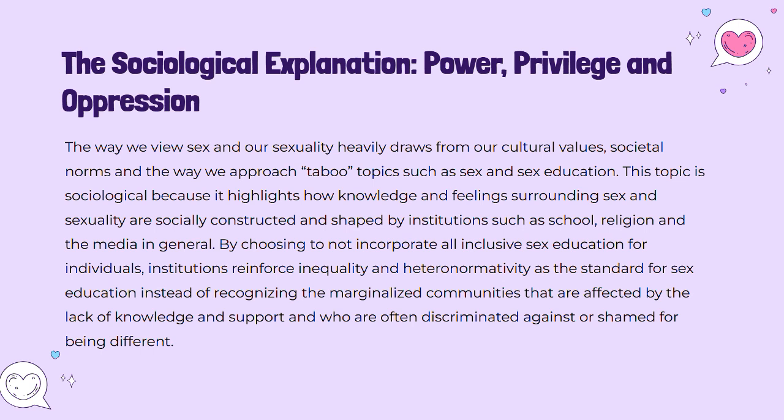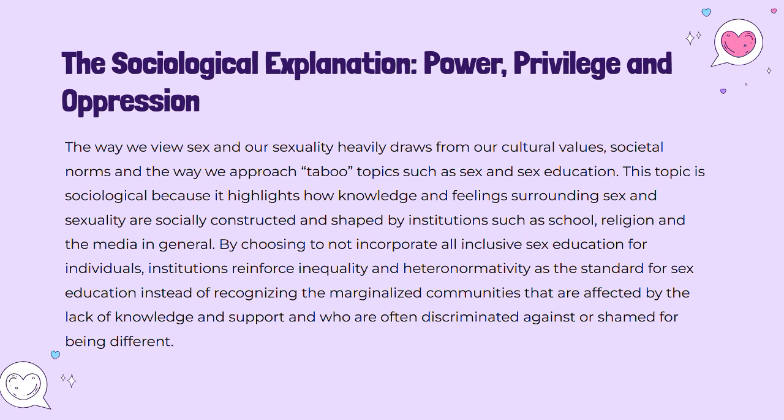So the sociological explanation: power, privilege, and oppression. The way that we view sex and our sexuality heavily draws from our cultural values, societal norms, and the way we approach taboo topics such as sex and sex education. This topic is sociological because it highlights how knowledge and feelings surrounding sex and sexuality are socially constructed and shaped by institutions such as school, religion, and the media in general.